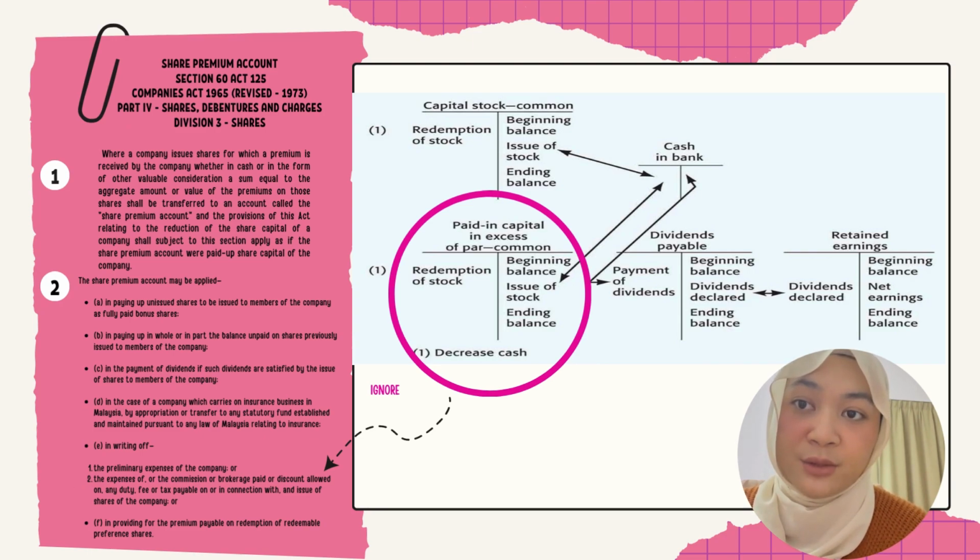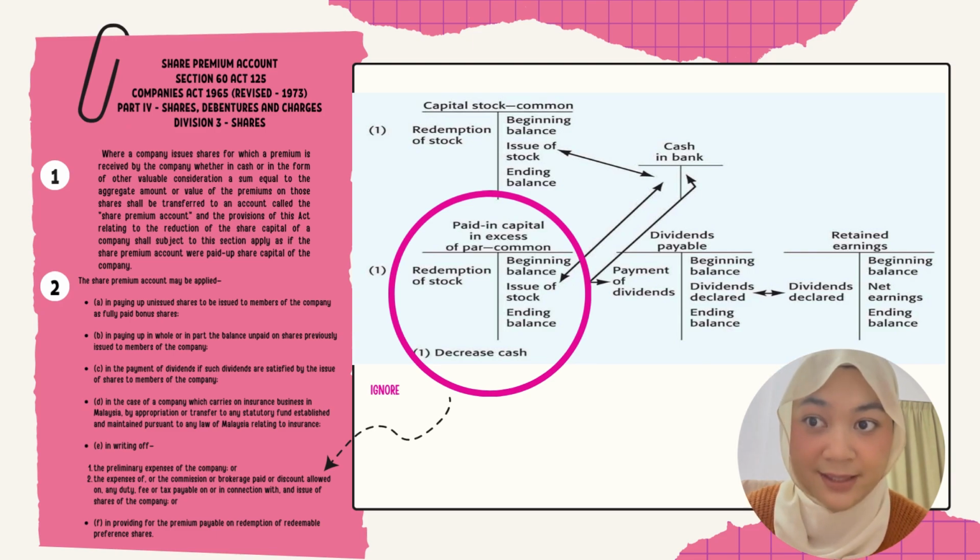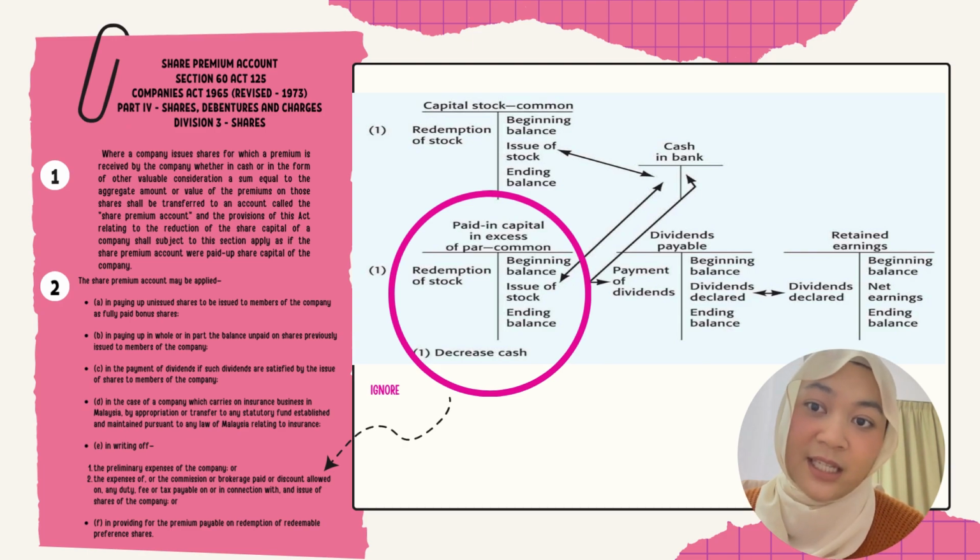Where a company issues shares for which a premium is received by the company, whether in cash or in the form of other valuable consideration, a sum equal to the aggregate amount or value of the premiums on those shares shall be transferred to an account called the share premium account. And the provisions of this Act relating to the reduction of the share capital of a company shall, subject to this section, apply as if the share premium account were paid up share capital of the company.